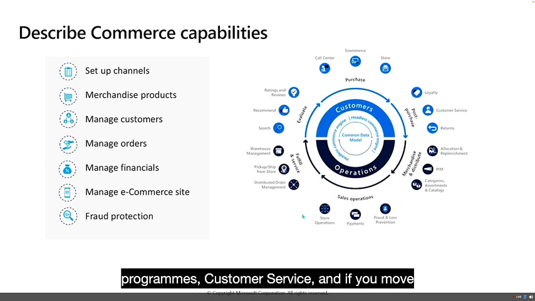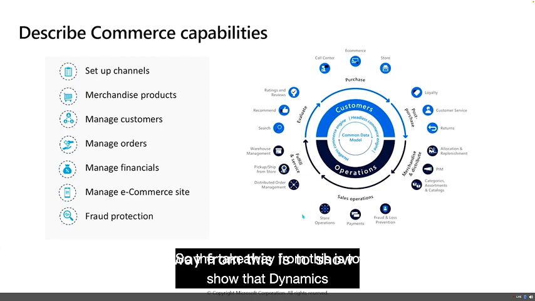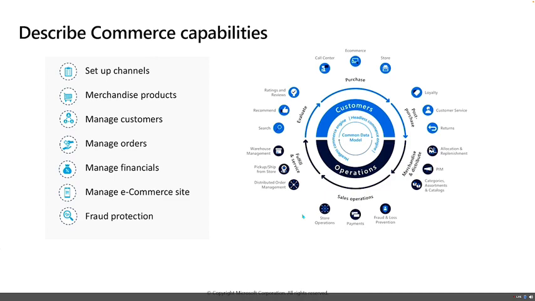And if you move in one layer towards the middle, you'll see half the diagram is devoted to the functions supporting customers, and the other half is showing functions associated with operations. So the takeaway from this is to show that Dynamics 365 Commerce is really great insofar as covering so many different functions in the one place.